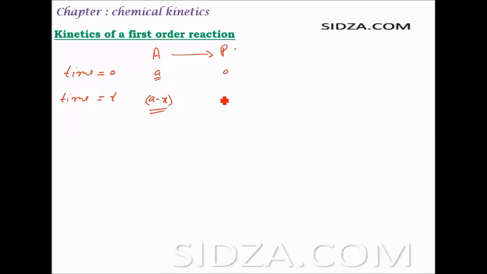Therefore I can write the previous equation like this: k equals 1 upon time into ln of initial concentration a divided by a minus x, where a minus x is the concentration left after time t.